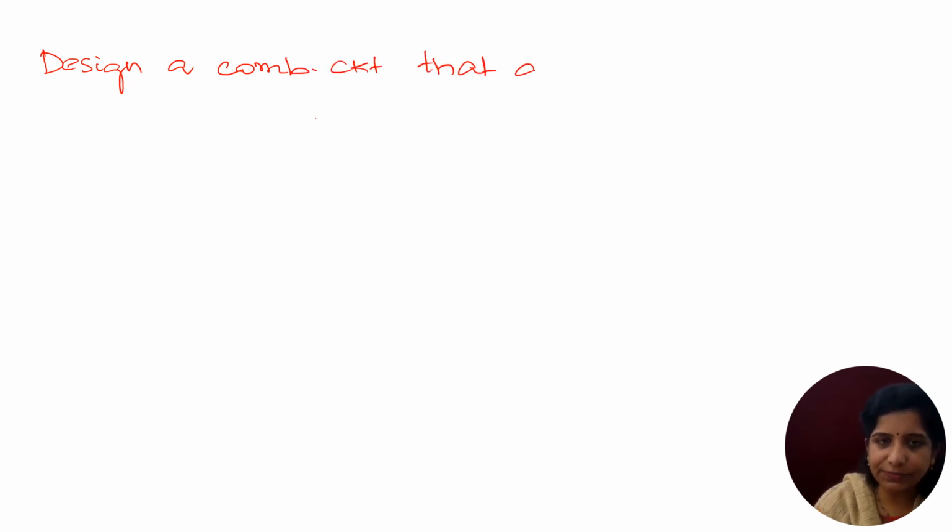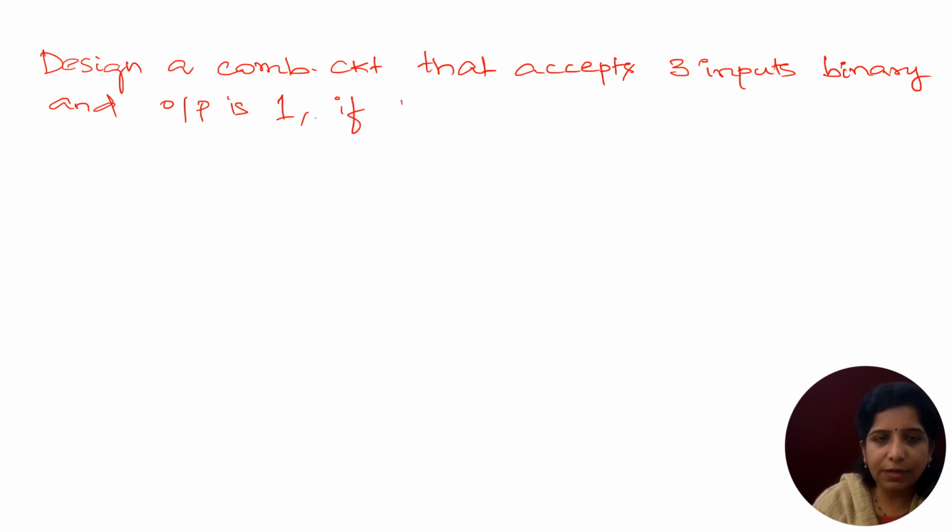Now we'll see an example. I want to design a combinational circuit that accepts 3 binary inputs, and the output is 1 if the input consists of majority of ones.